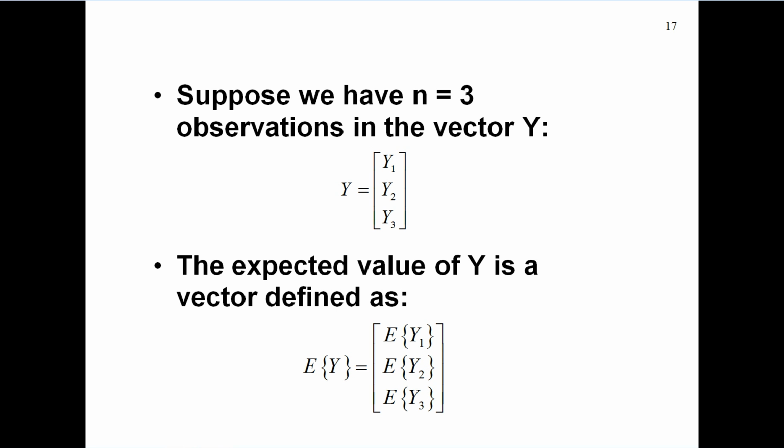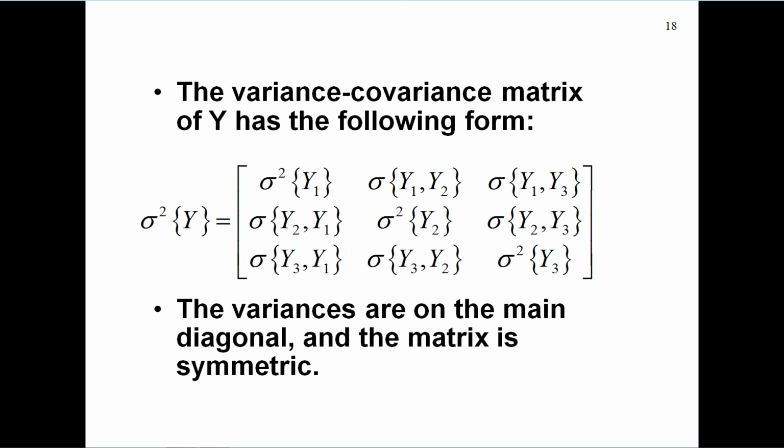The expected value of that random column vector then is nothing more than the expectation of the individual elements in the vector. The variance-covariance matrix of y. We talk about these 3 observations, y1, y2, and y3.